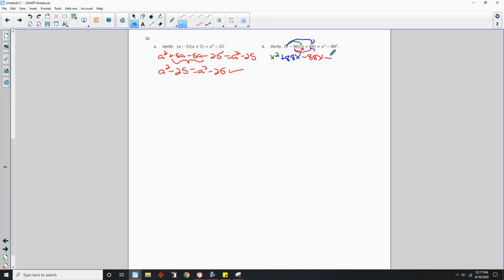And 88 times 88, let's just leave it as 88 squared instead of using our calculator, because they didn't square it over here. And that has to equal x squared minus 88 squared. Well, we have middle terms that go away, and we end up with x squared minus 88 squared equals x squared minus 88 squared. Verify.